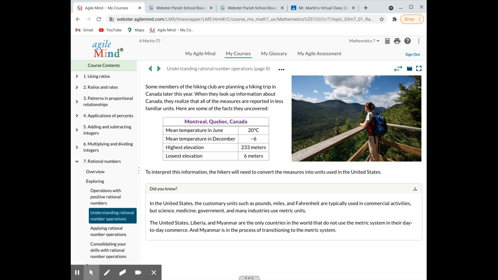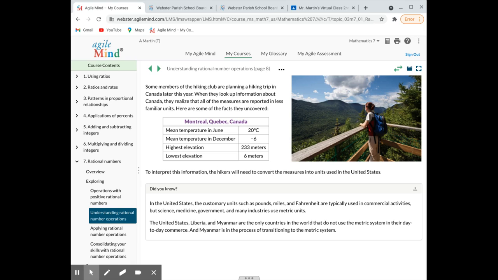Good. Metric units. The United States, Liberia, and Myanmar are the only countries in the world that don't use the metric system in their day-to-day commerce. And Myanmar is in the process of transforming to the metric system.